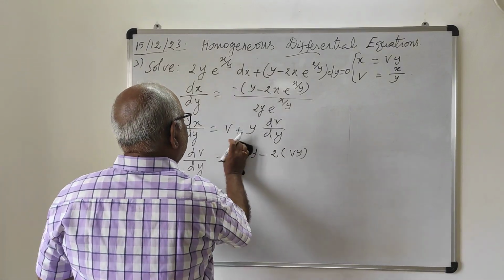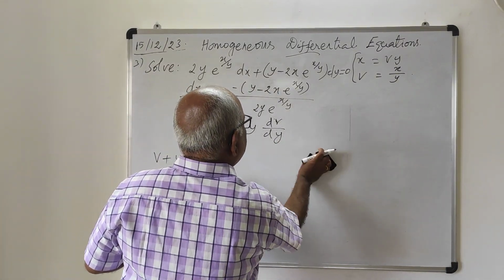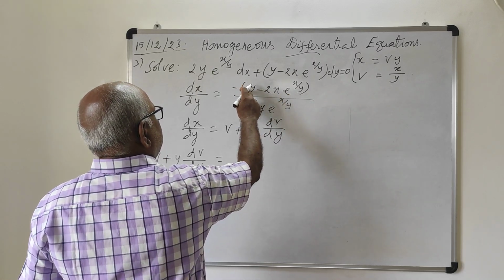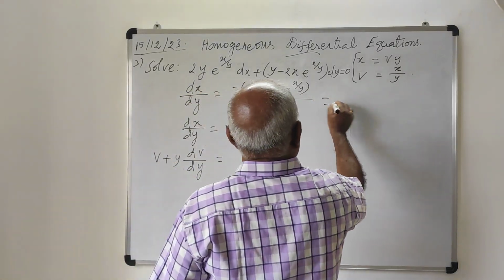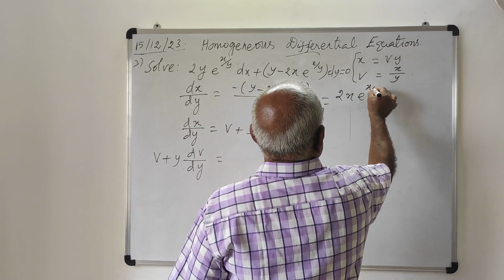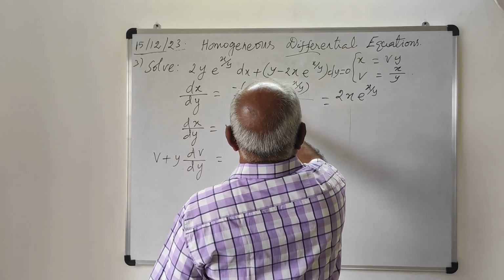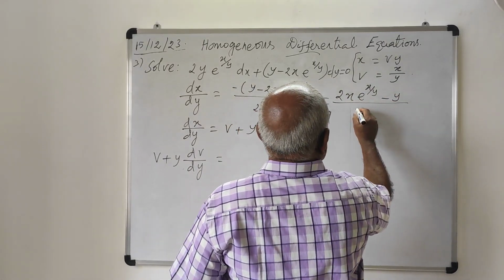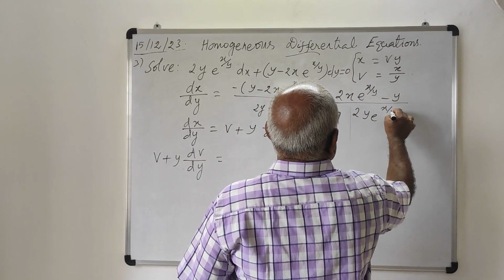Or you can write, if you introduce the minus inside, this term becomes plus 2x e power x by y, and the other term minus y.